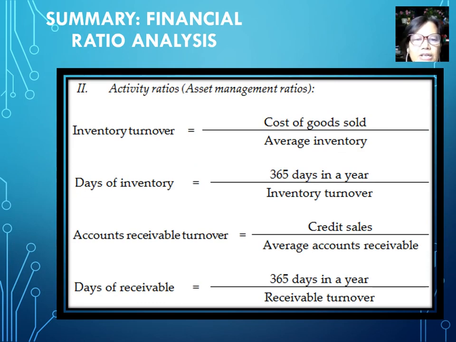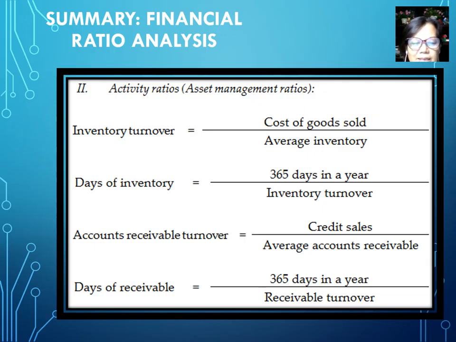In the activity ratio, inventory turnover is equal to cost of goods sold over average inventory, and then days of inventory is equal to 365 days in a year over inventory turnover. And then accounts receivable turnover is equal to credit sales over average accounts receivable.